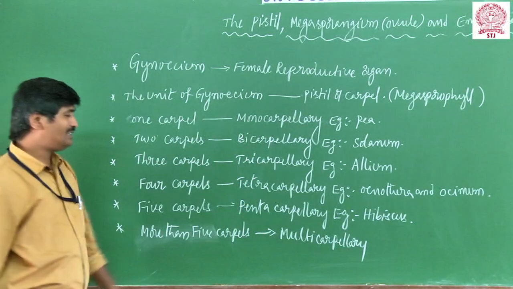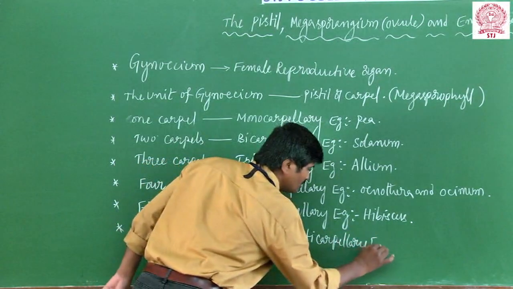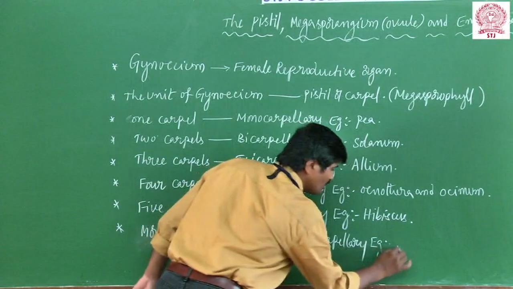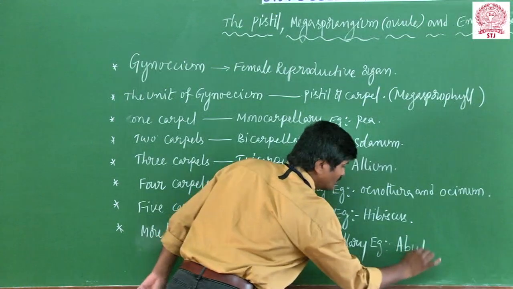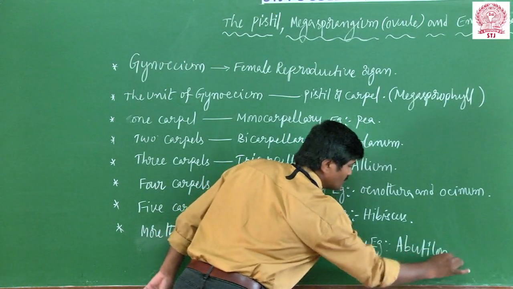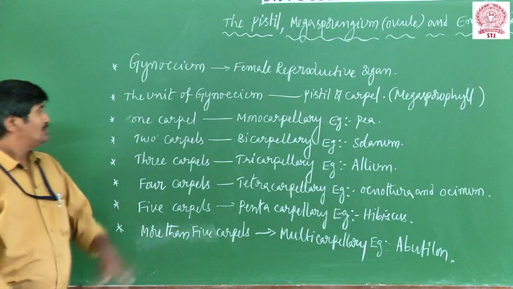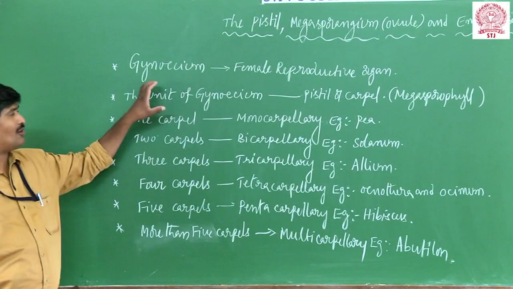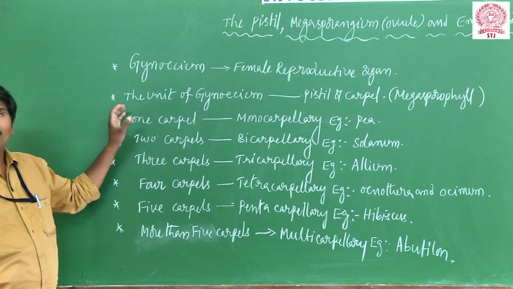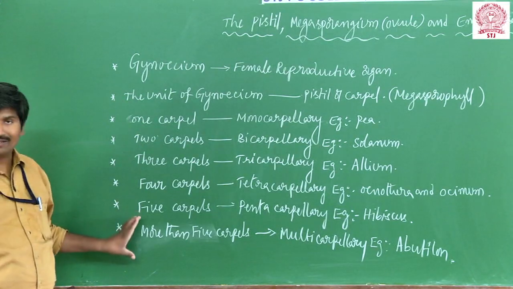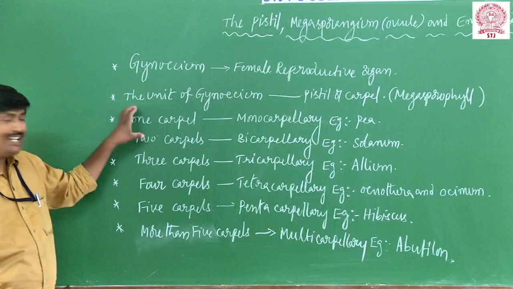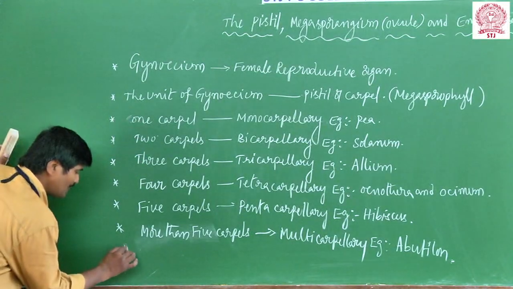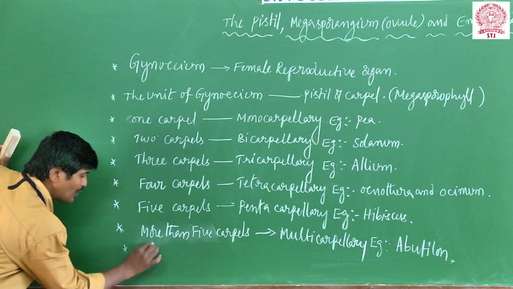What is the example for the multicarpellary? Abutilon. So here the gynoecium may consist of one carpel or more than one carpels. When there are more than one carpels, they may be apocarpous.